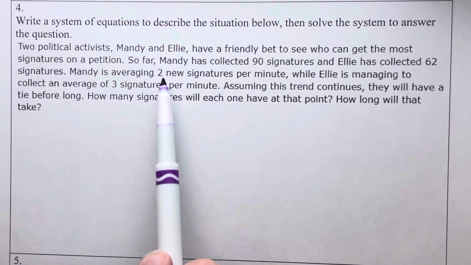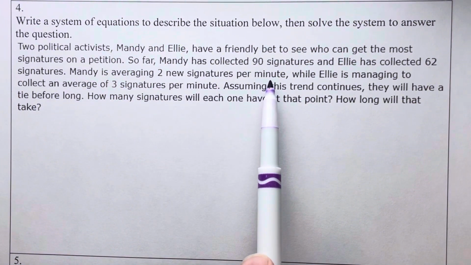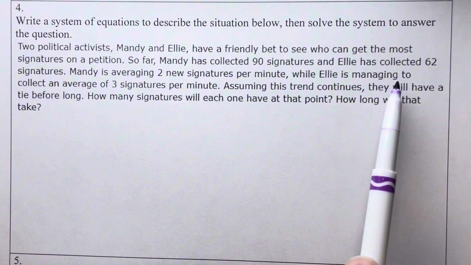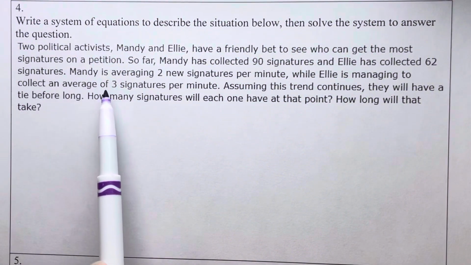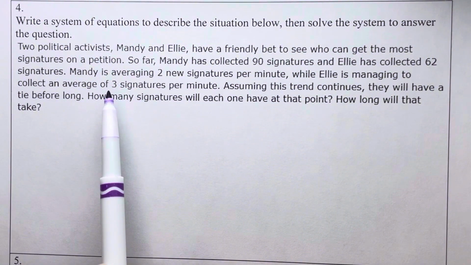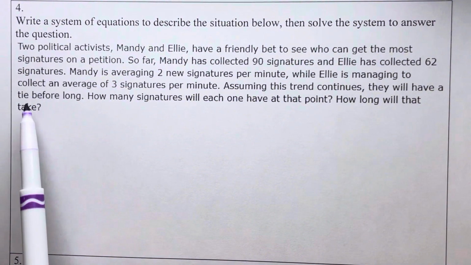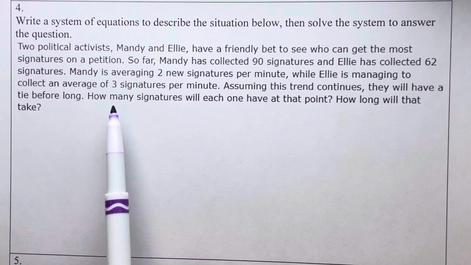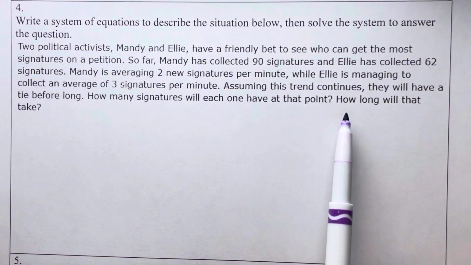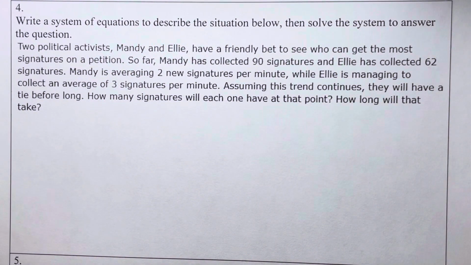Mandy is averaging 2 new signatures per minute. Wow. While Ellie is managing to collect an average of 3 signatures per minute. Wow. Assuming this trend continues, they will have a tie before long. How many signatures will each one have at that point, and how long will that take?